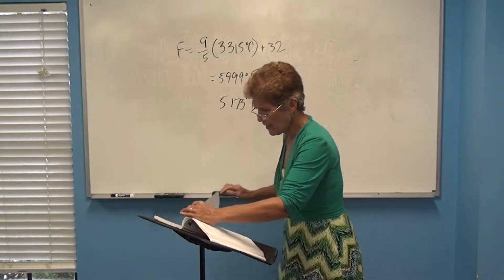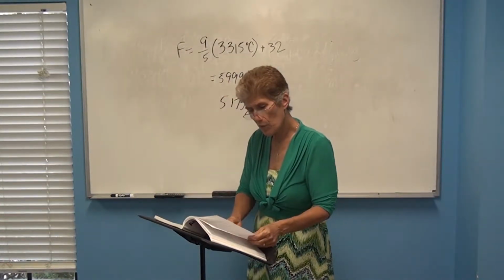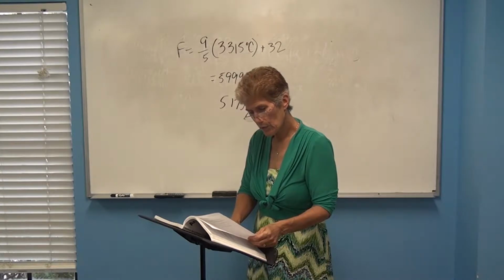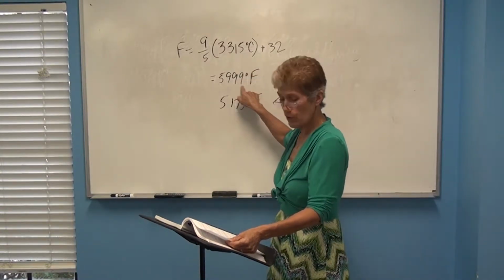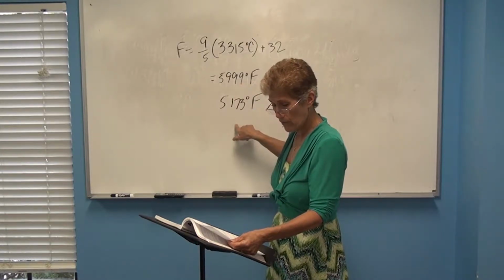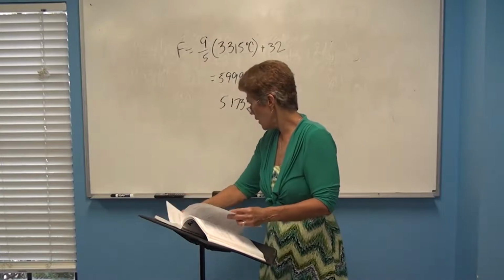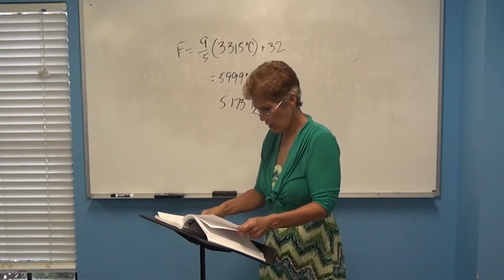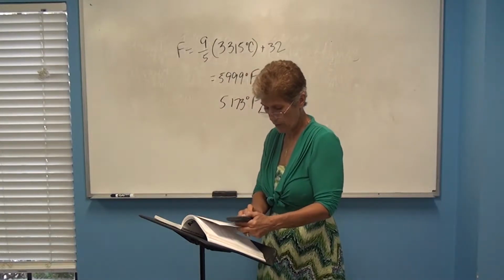And let's see if he's actually giving you points. That's number 4. Yeah, he gives you points for converting it to the Fahrenheit and then for the answer. Each one is worth a half a point.